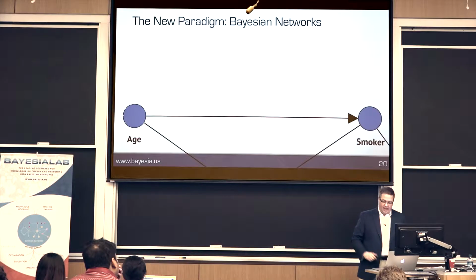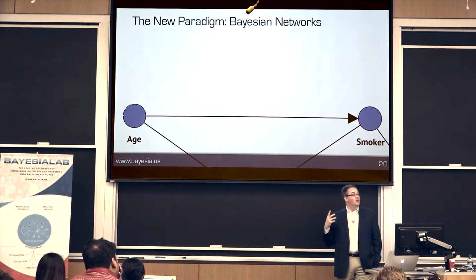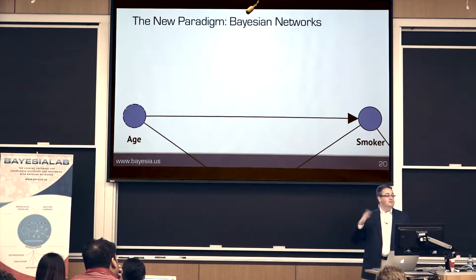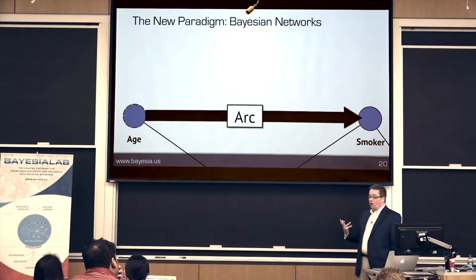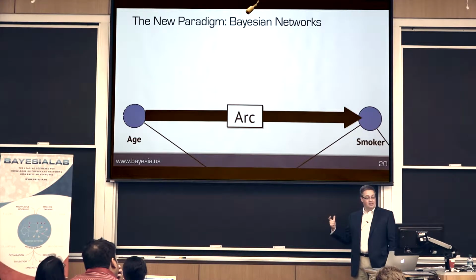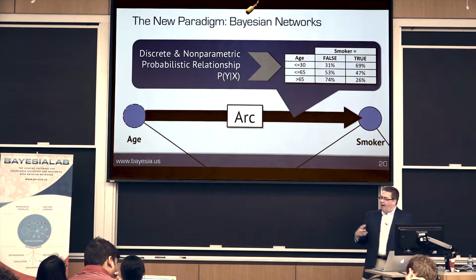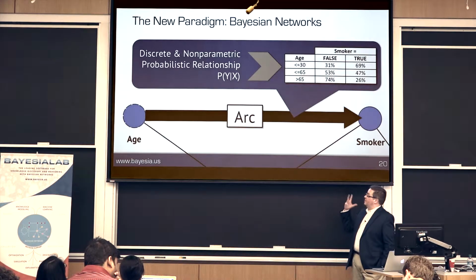Let's go to the next, add another node. The second node we add is smoker. It's a binary node that basically says, are you a smoker or not? And then we introduce an arc. And what this arc does is it relates the states of the node age to the states of the node smoker. And how exactly does it do that?